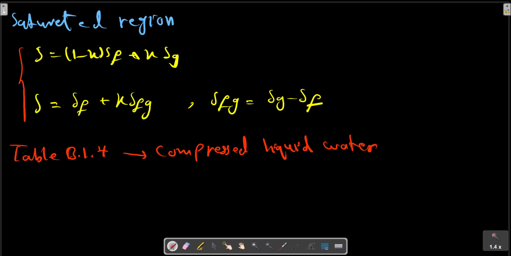The thermodynamic properties of a substance are often shown on a temperature-entropy diagram or an enthalpy-entropy diagram.